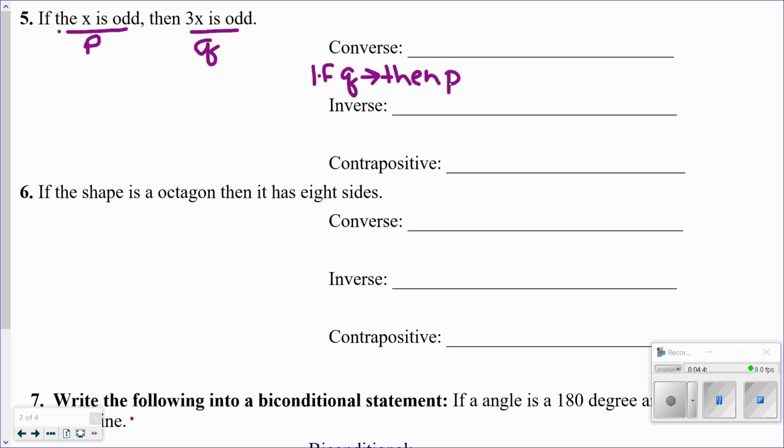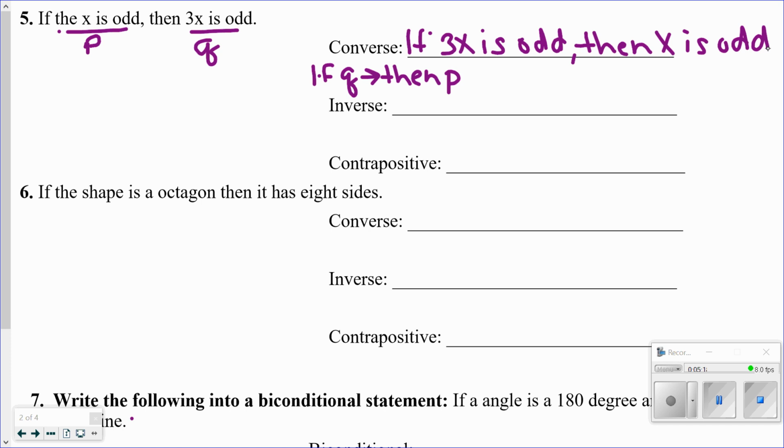So our converse then would be if 3x is odd, then x is odd. The inverse is taking our original conditional statement and negating it.